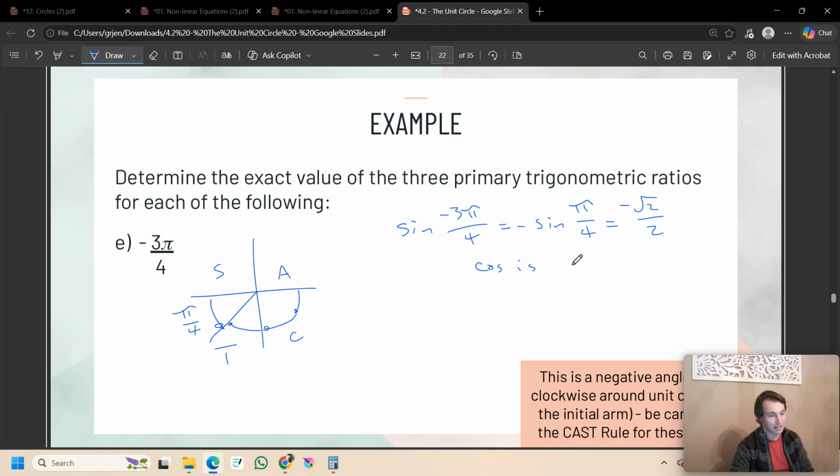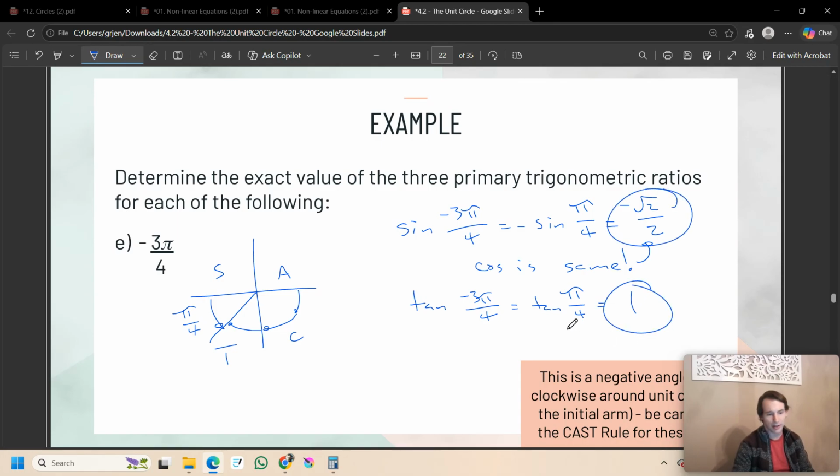Cosine is the same, and tan is positive, so negative 3 pi on 4 is equal to tan pi on 4, which is equal to 1. Okay, so there's our 2 answers.